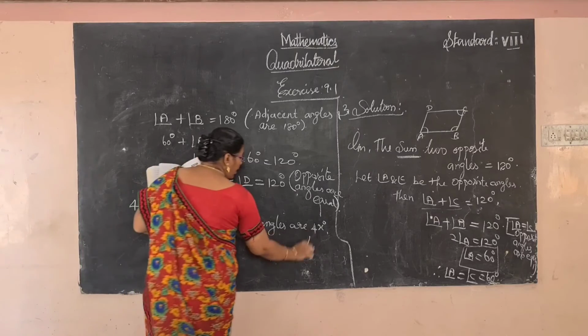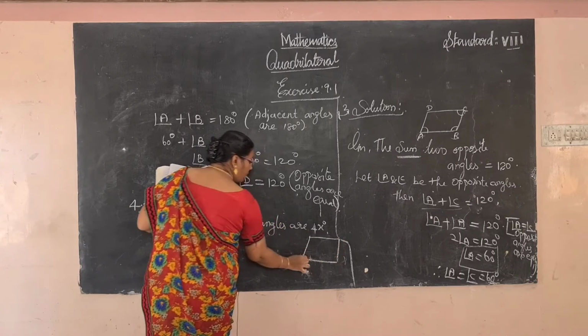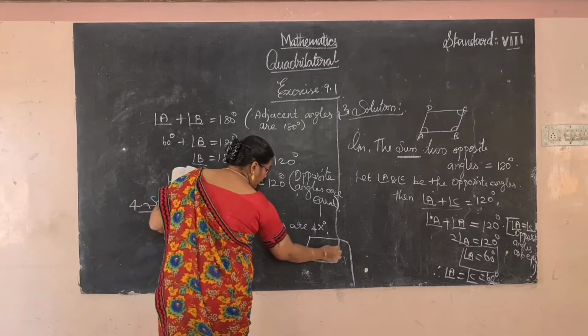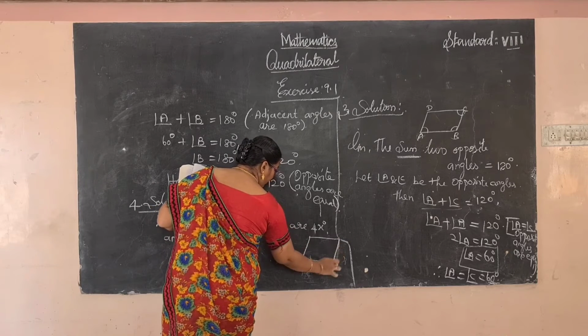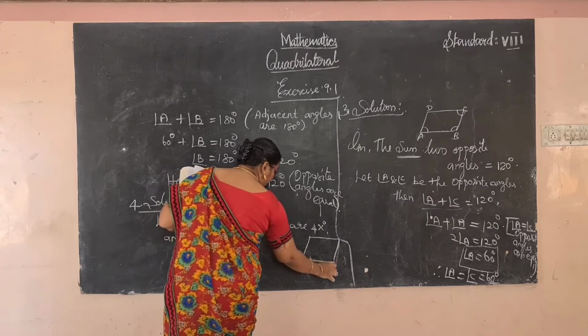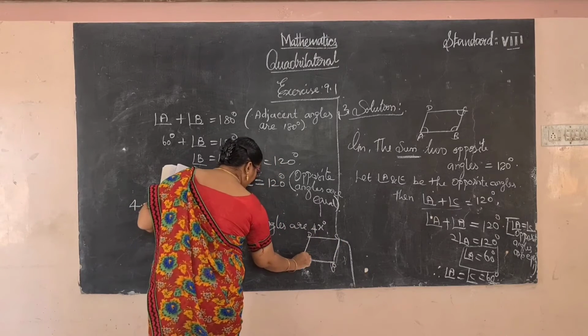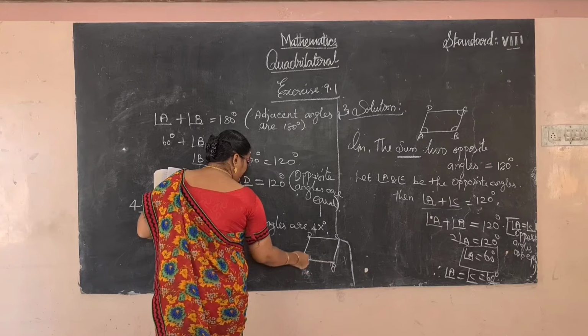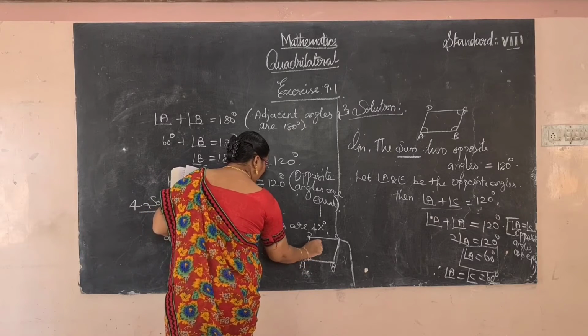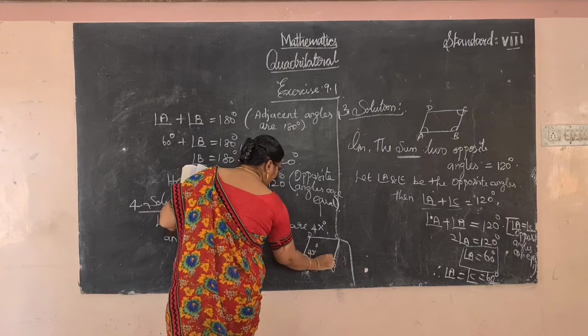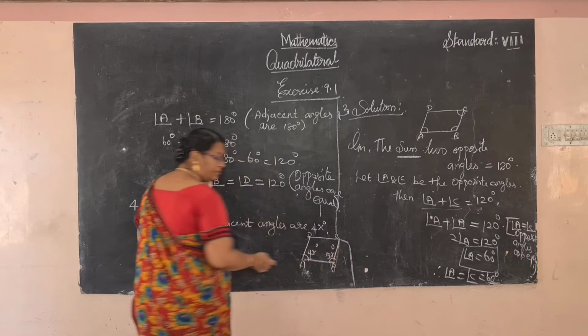Find all the angles of the parallelogram, A, B, C, D. So for the adjacent angles, we have considered angle A as 4x degrees and angle B as 5x degrees.